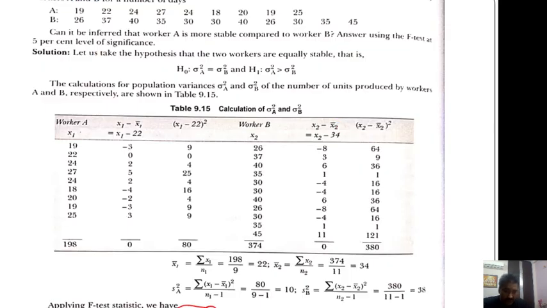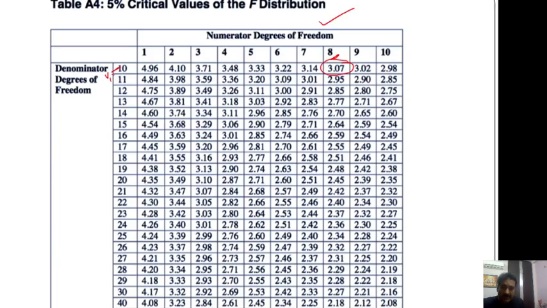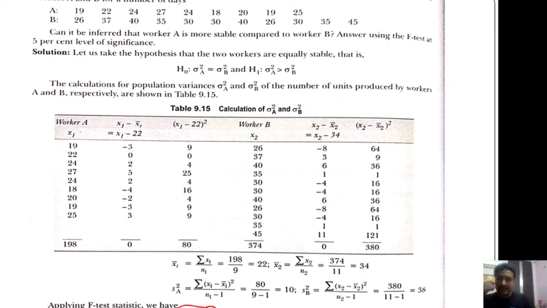He has taken 3.35. Why has he taken 3.35? It is 3.07 at 5% level of significance.